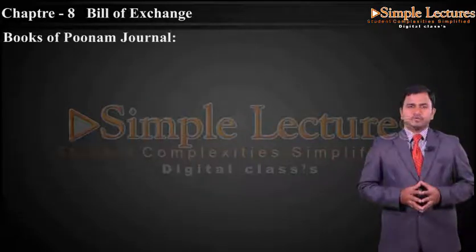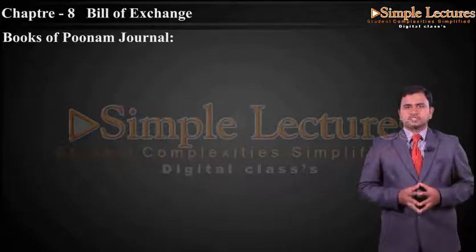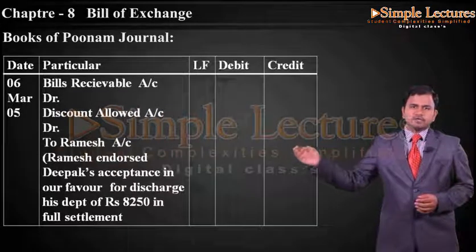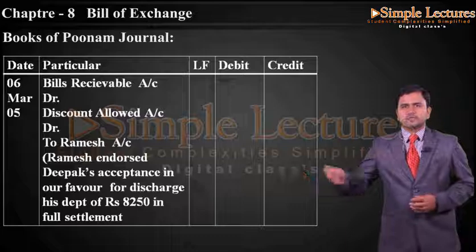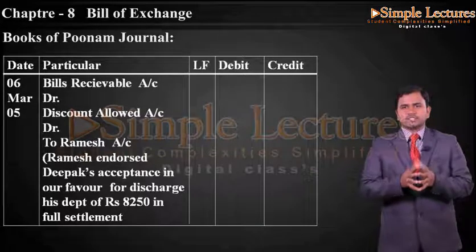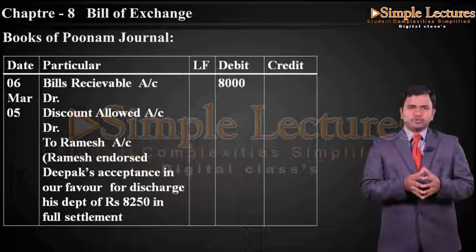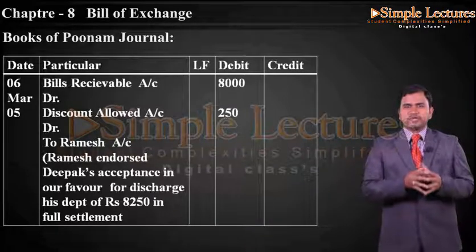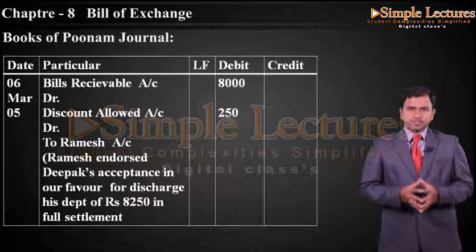Now when coming to Poonam's books, we are going to pass the journal entry: Bills Receivable Account Dr., Discount Allowed Account Dr., to Ramesh Account. So Bills Receivable Account debit 8,000 has been received by Poonam, and Discount Allowed Account debit 250, where Poonam has allowed a discount of rupees 250.